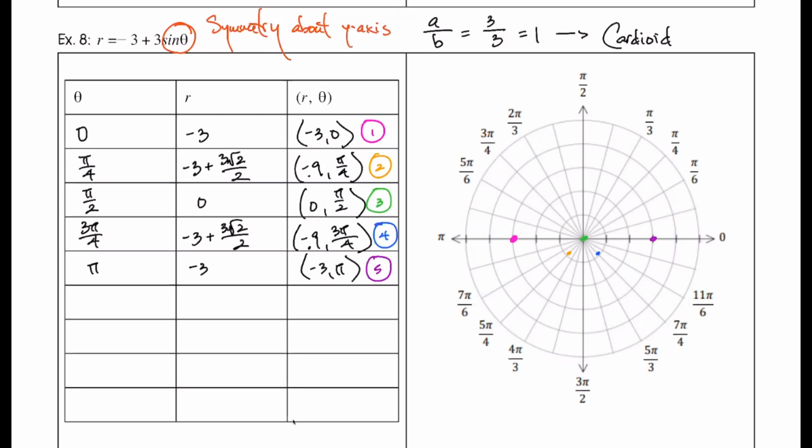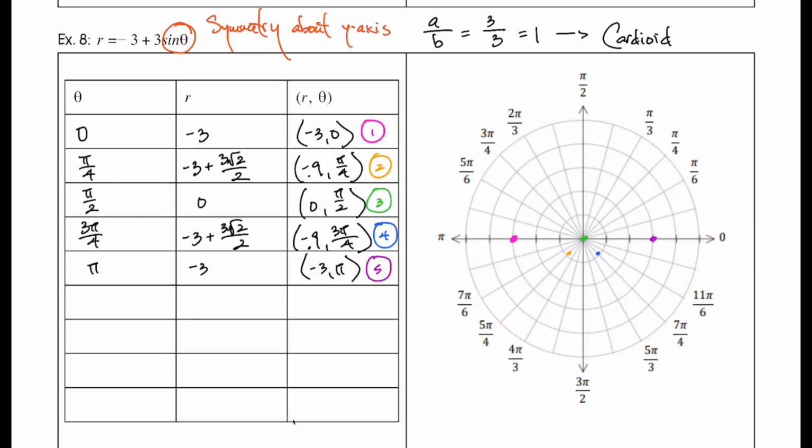Now, I think we can see here that we don't have a whole cardioid, right? We have part of the cardioid. But can I use symmetry of the x-axis to draw the rest of it? No. That's something that's going to be really important to think about, symmetry.